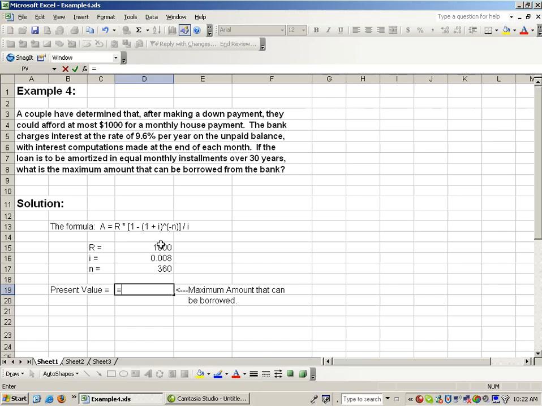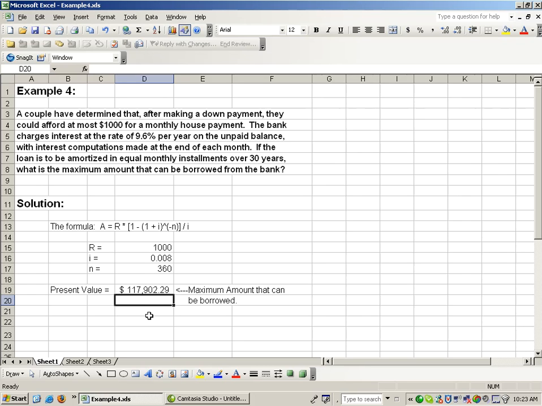So it's equal to R times parenthesis 1 minus parenthesis 1 plus I to the power of negative N, close it twice, divide it by I. Okay, so the maximum amount that they can borrow from the bank is this much money.